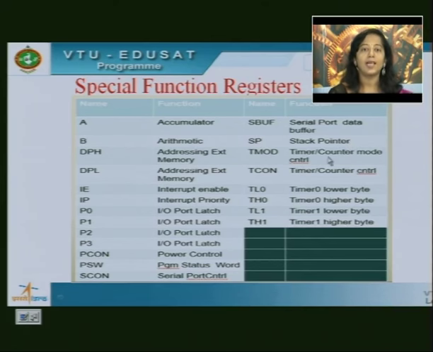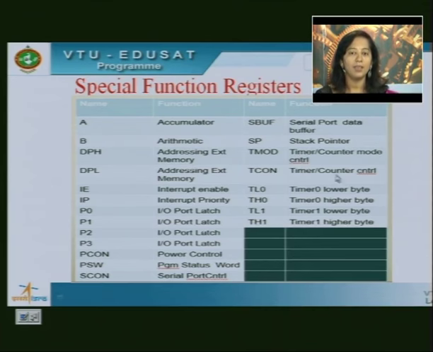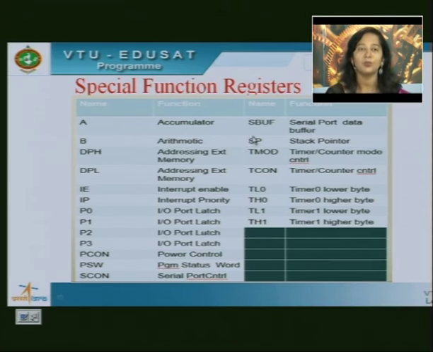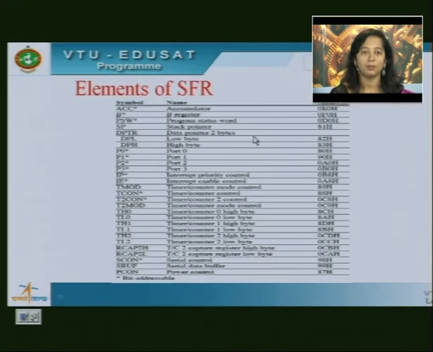Then timer counter mode control TMOD, then timer counter control TCON. Then we have the lower and higher bytes of the 16-bit timer registers, TL0, TH0 for timer 0, and TL1 and TH1 for timer 1. So these are the most important special function registers which you need to remember and which we use commonly in programming.